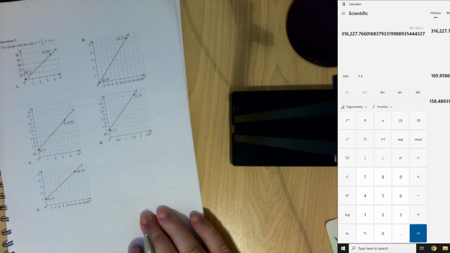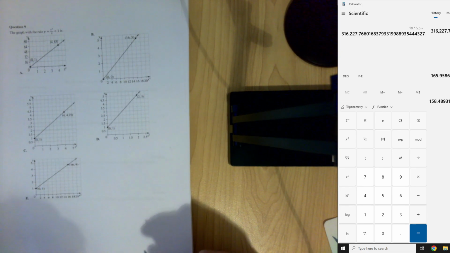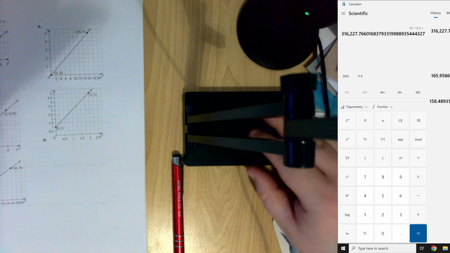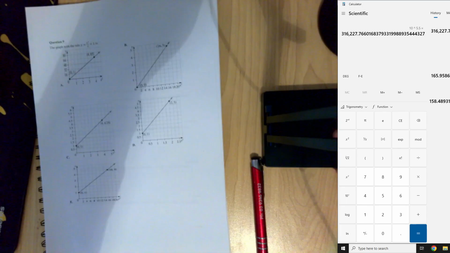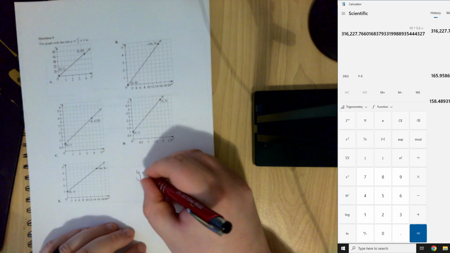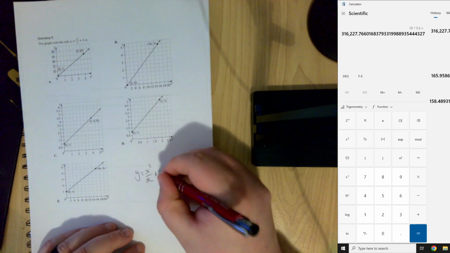Moving on. This one we have a graph. And the rule is... Oh, I just moved my camera slightly because I'm an idiot. Alright. Rule is y equals x squared over 2 plus 1.